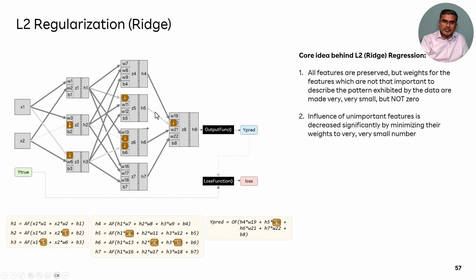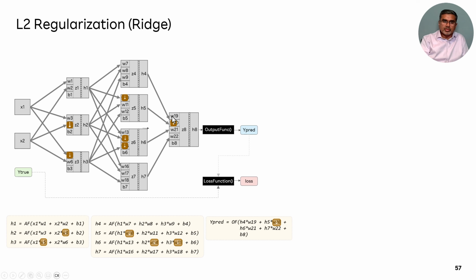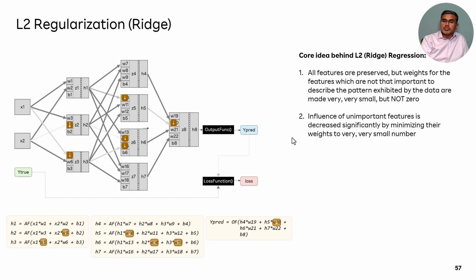As you can see here, I've shown you through the graphics, when these weights are made even smaller, the signal strength goes down from the prior layers. In L1, the signal strength is completely taken out. Here, you actually suppress it. And you only do that for those features that are less important.